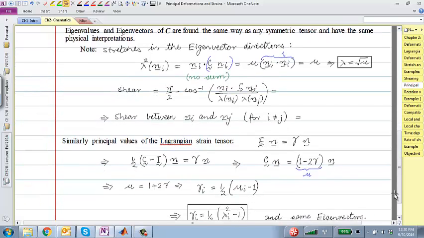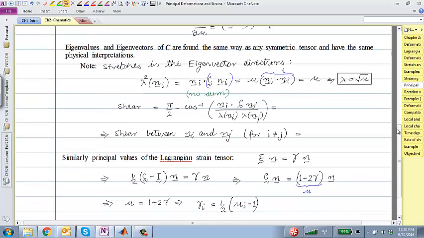Okay, and we'll see another interpretation of F probably next time that will help us understand that. Very quickly, since I've done eigenvectors of C, you can verify some of these relationships. Shear between two eigenvectors is pi over 2 minus cosine inverse of Ni dot C Nj. C Nj would be mu j Nj.